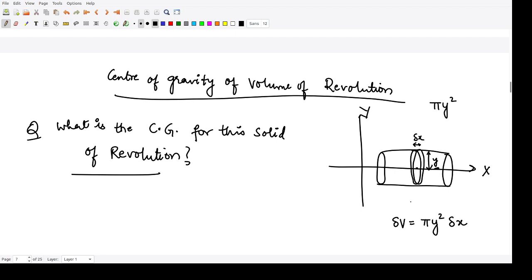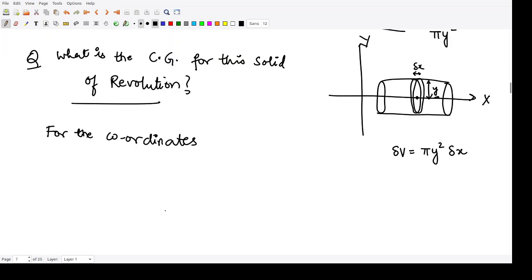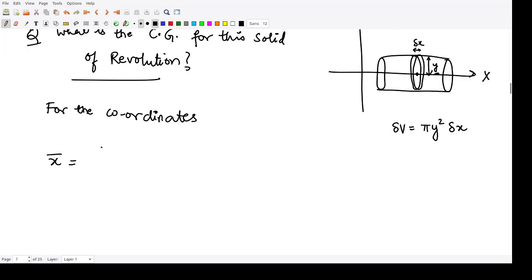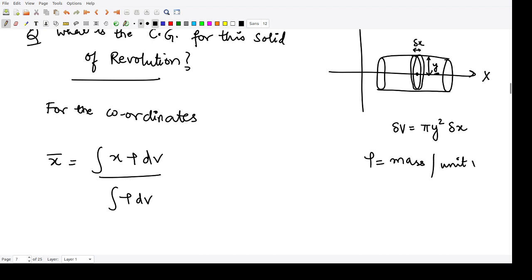And moreover, where would it lie? It would lie on this x-axis, because the center of gravity lies at the center of the body. So according to this, for the coordinates, the formula would be x bar equals integration of x rho dv divided by integration of rho dv, where rho represents the mass per unit volume.